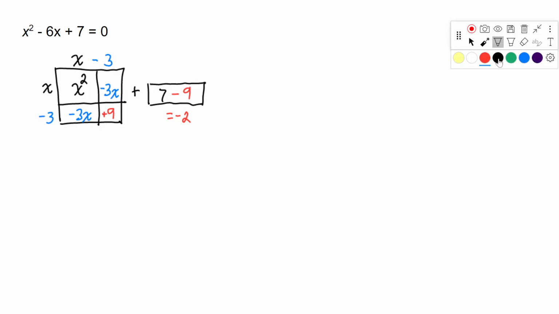So now my vertex form is x minus 3 squared minus 2 equals 0. Just like I did before, I'm going to isolate the squared factor by adding 2 to each side.